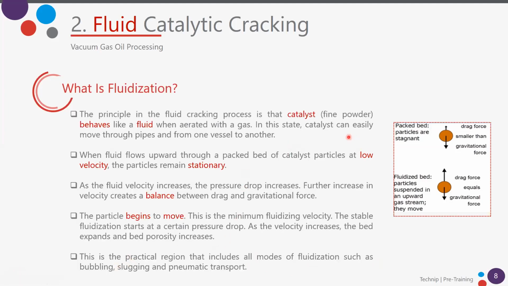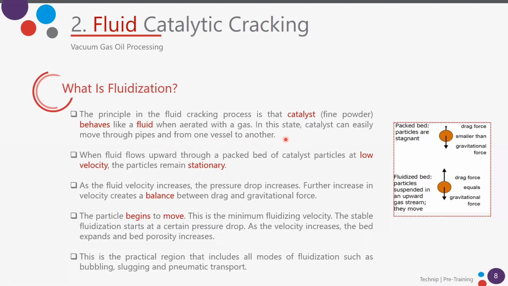We know that we need the aeration with a gas or with steam or with air to have this fluidization phenomenon in the reactor and in the regenerator. And it makes it possible for the catalyst to easily move through the pipes and from one vessel to another.